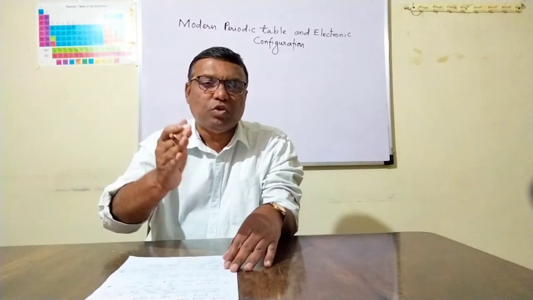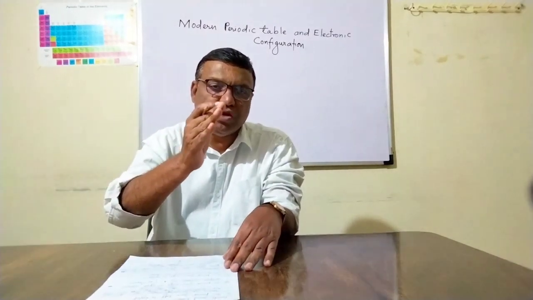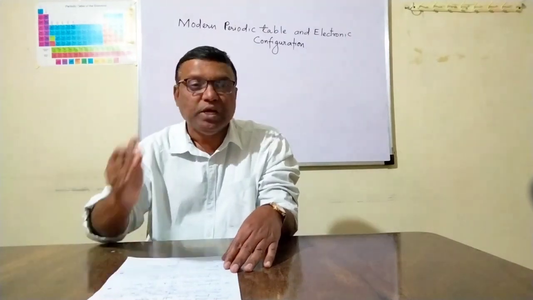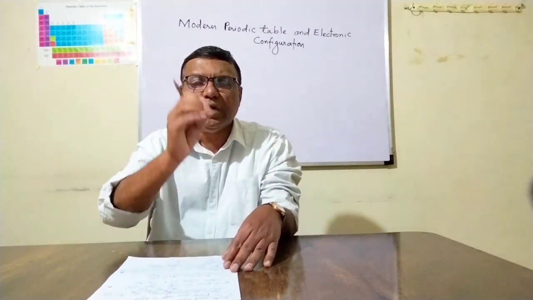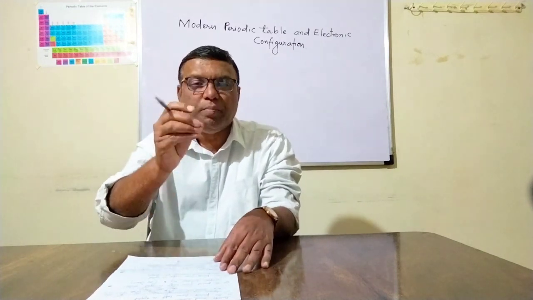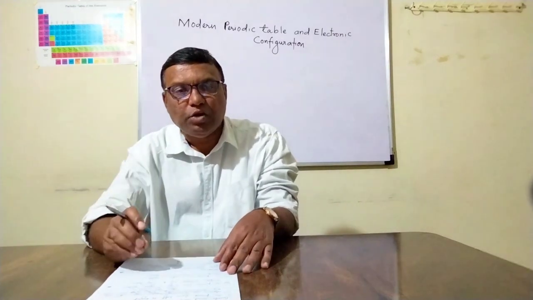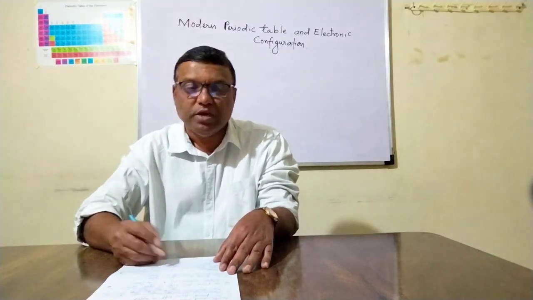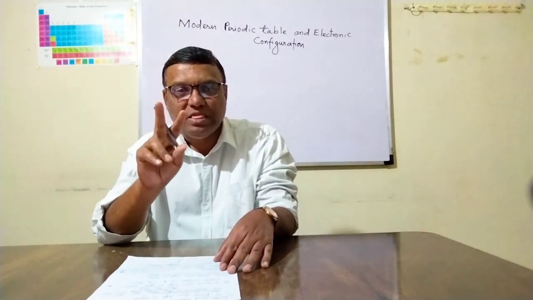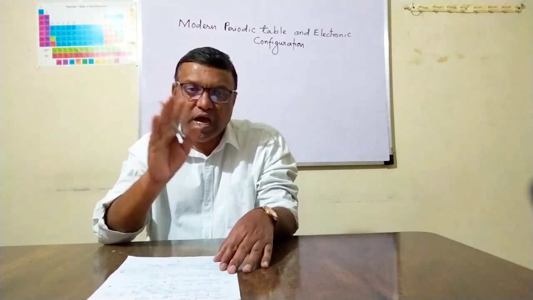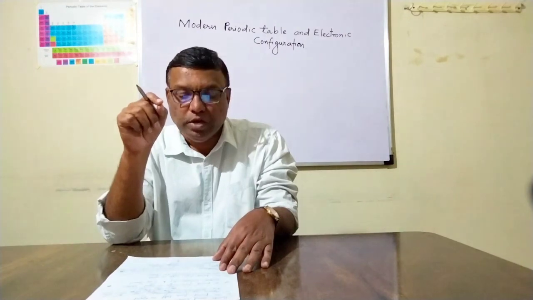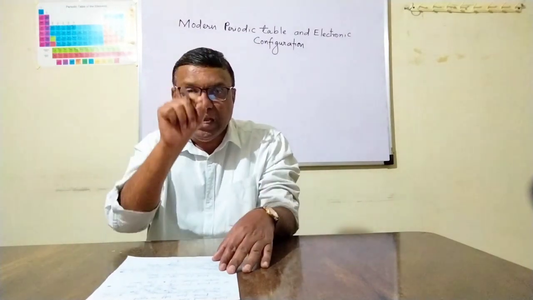Now the electron accommodation capacity, in simple words called electron capacity. What is the electron capacity of the K shell? The electron capacity of the K shell is 2 electrons. In the K shell, a maximum of 2 electrons can be accommodated. What is the electron capacity of the L shell?